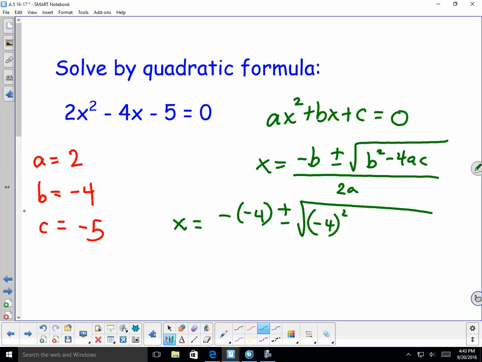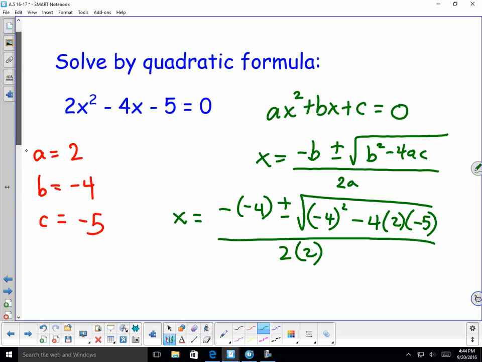Please make sure you use the parentheses around the negative 4, because it does make a difference. Then minus 4 times a times c, so that's 4 times 2 times negative 5. All of this is over 2 times a, so over 2 times 2.